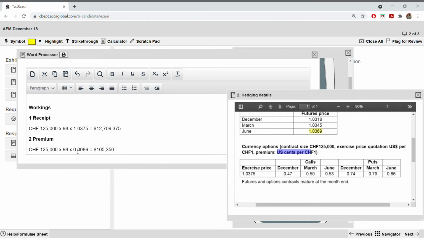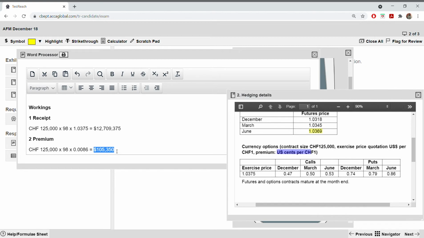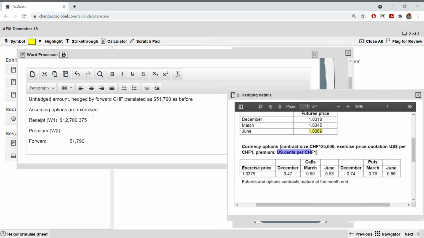So what should I do now? I have my workings. Straight away go and copy paste this. Copy with the currency, paste. This is also in dollar.